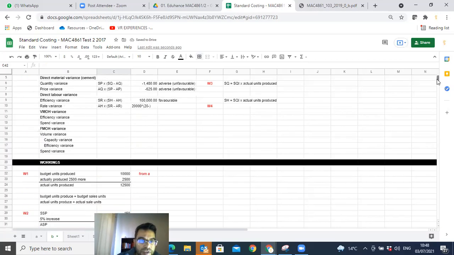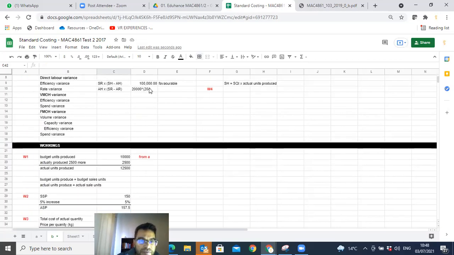Okay, so we go over here, 2650. So it's more than what we budgeted for, so we expect it to be unfavorable. Therefore it's negative, unfavorable.